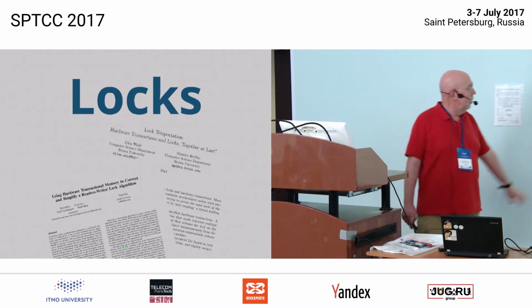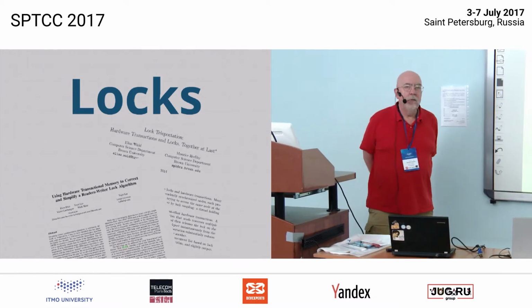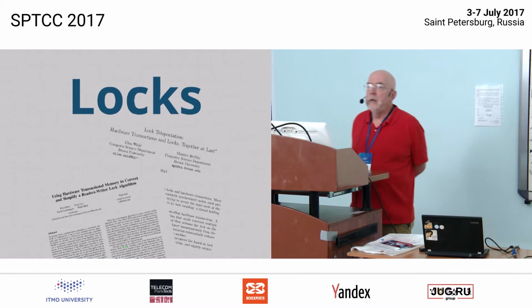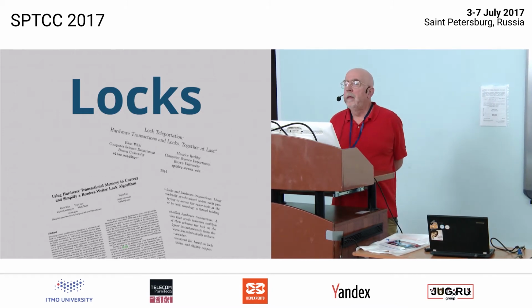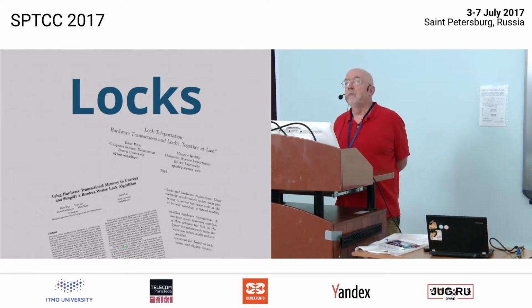There's some other work where some people found a bug in a 20-year-old lock algorithm, this race condition, which could be fixed by putting a hardware transaction around a tricky piece of code. And it turns out that that makes the lock correct and makes it run faster.